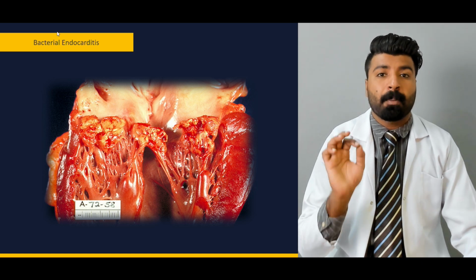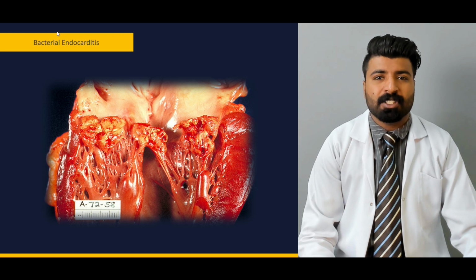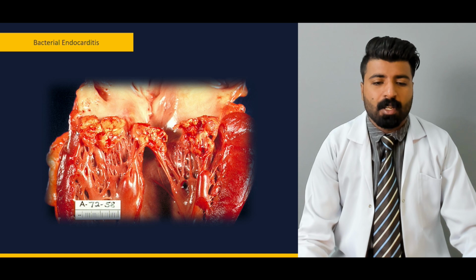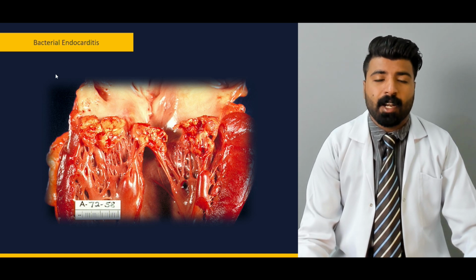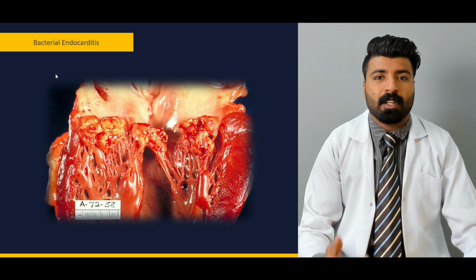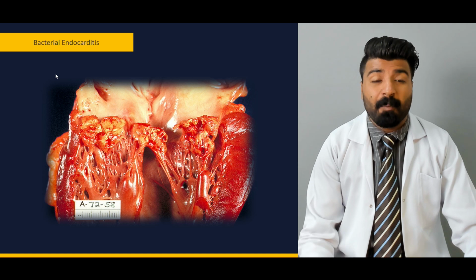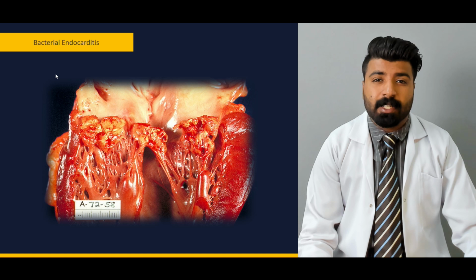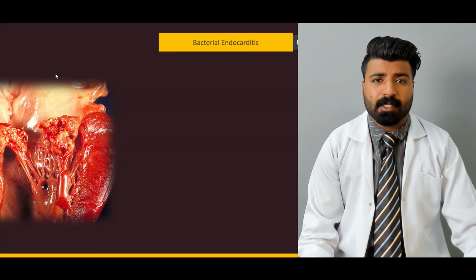We're going to discuss the microbes which are involved in causing this disease in a later slide. But for now, let's look at this gross structure of bacterial endocarditis. This is what happens when bacterial endocarditis manifests in a patient. You see the inflammation of the endocardium, you see these structural abnormalities. All of this is because of bacterial endocarditis.